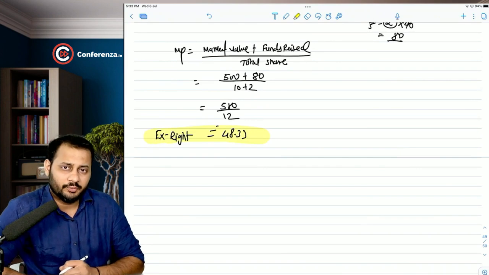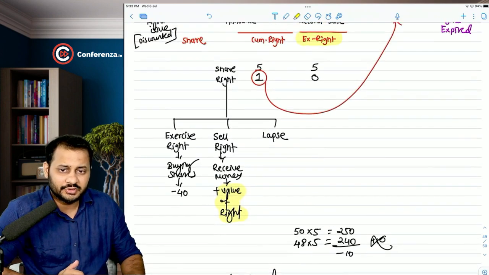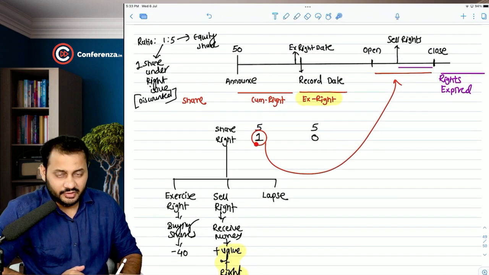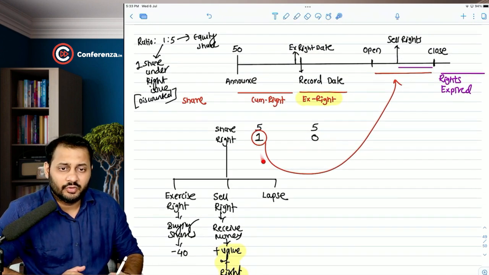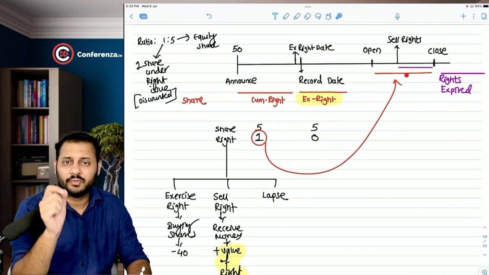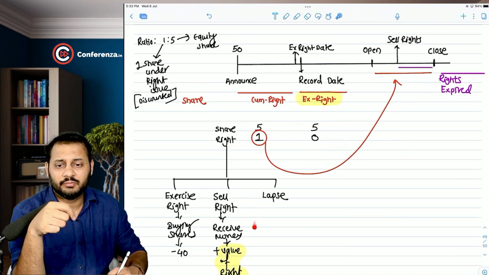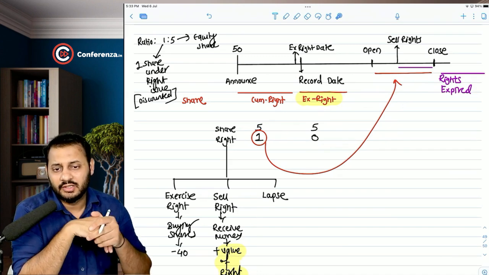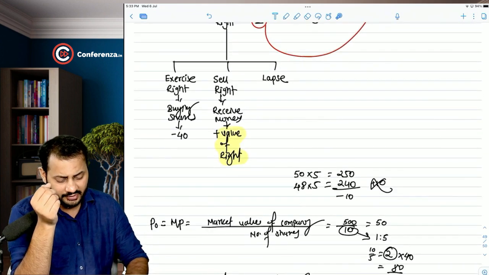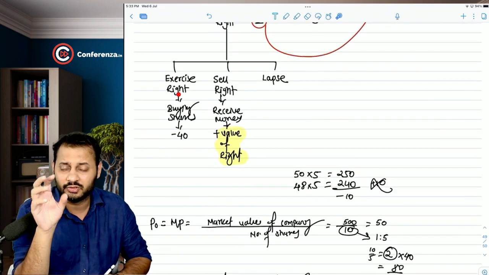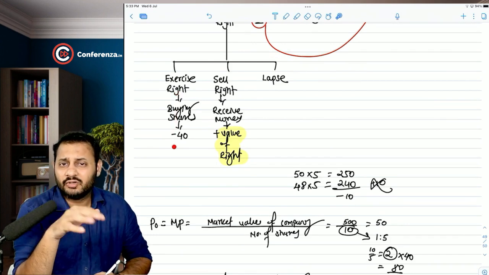Now coming to the point, in the same situation, what is the value of the right? If I want to sell it to someone else, at what price should I be selling it? For that purpose, I will have to calculate the value of the right. Theoretically speaking, I got the right to buy the share and I don't want to buy it because I don't have the money or I'm not interested.